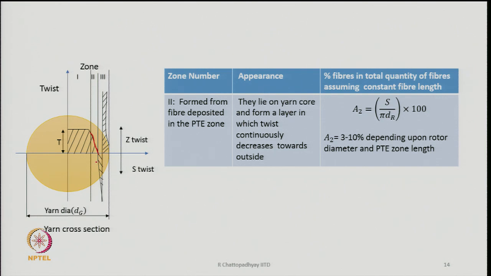So, these are basically because of the fiber deposited in the PT zone, where the fibers are partially twisted, and therefore, when a fiber lands on this area, it will also be receiving not the full twist, but a little bit of twist, and this twist will gradually be less and less, depending upon how much part of the fiber is lying on what part of the PT zone.